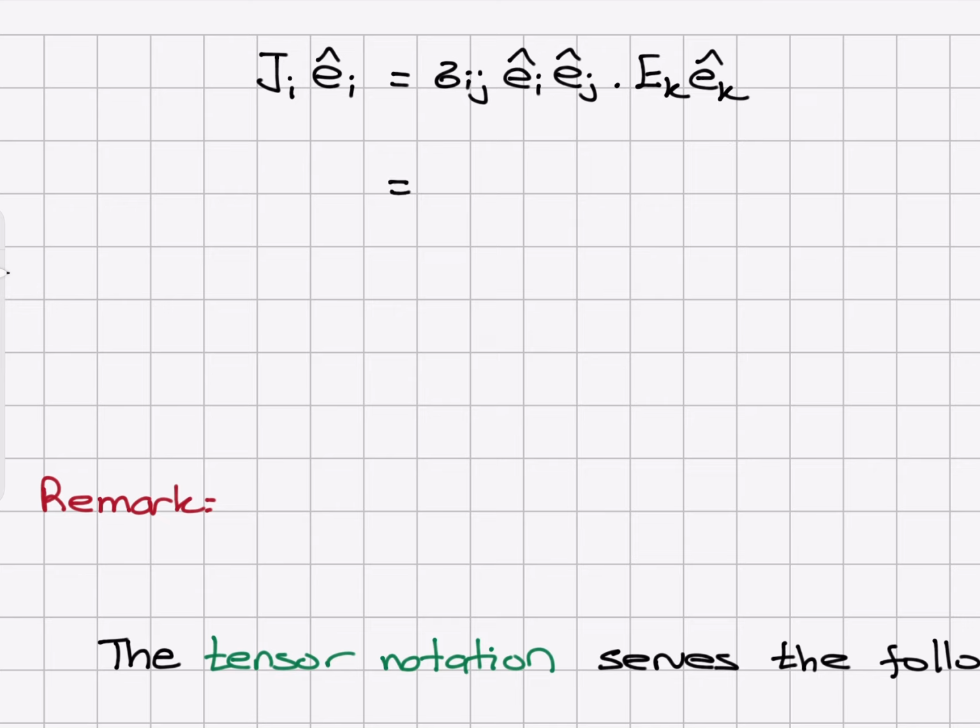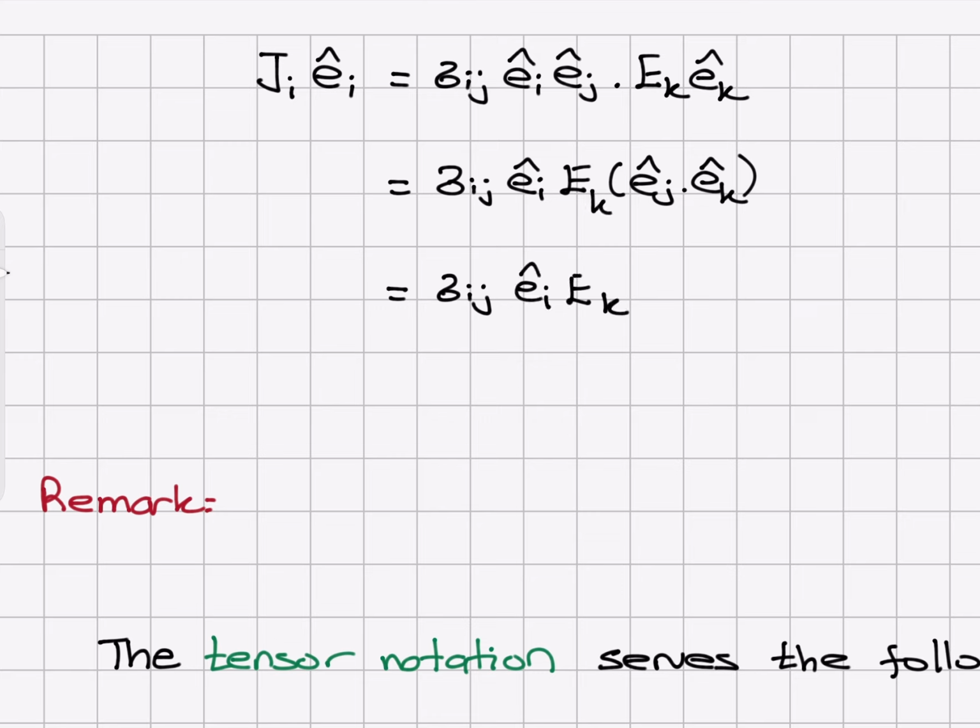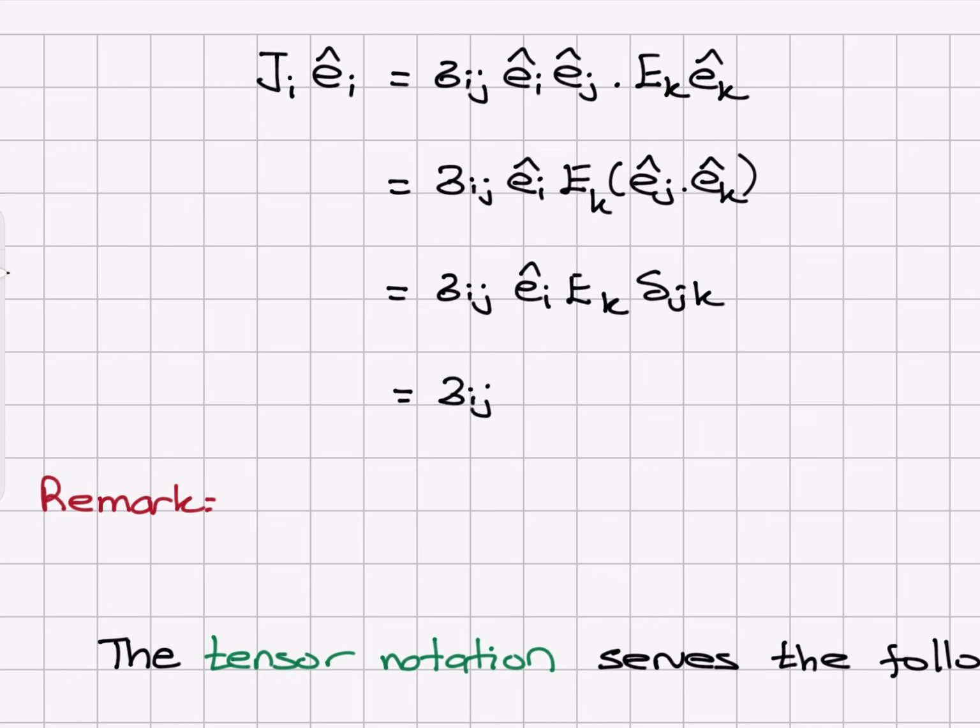So this means this is going to be sigma ij ei hat Ek, with a dot product between ej hat and ek hat. And we know that the dot product produces Kronecker delta jk. So this is sigma ij ei hat, here we have Ek, and Kronecker delta jk, which means replace k with j. So we have sigma ij Ej ei hat.